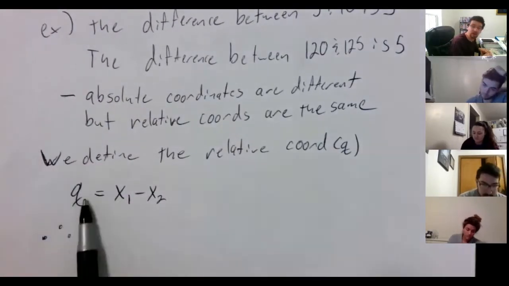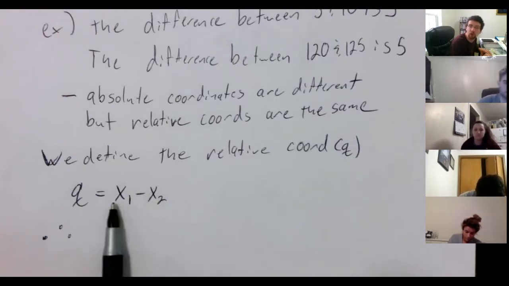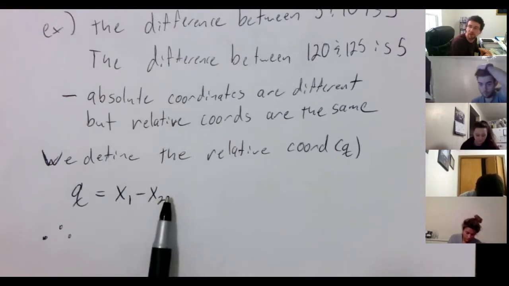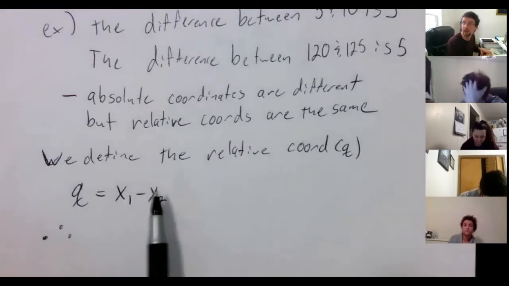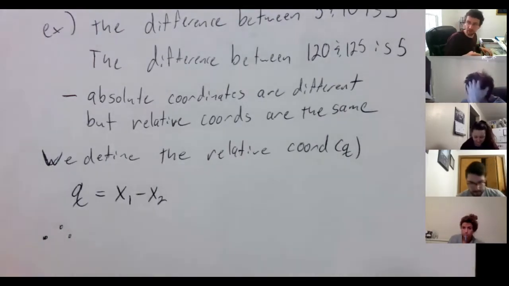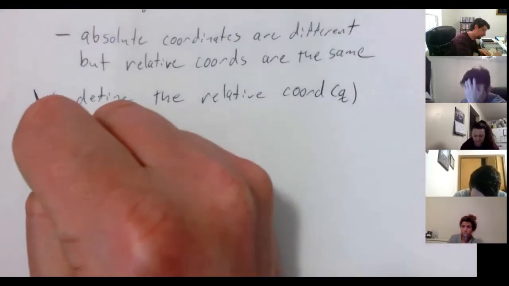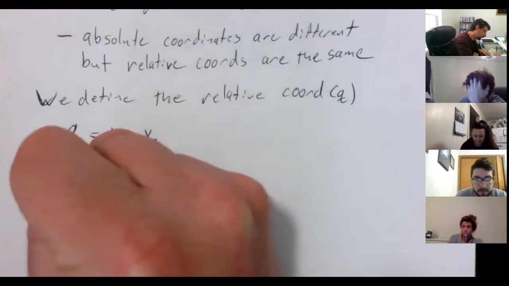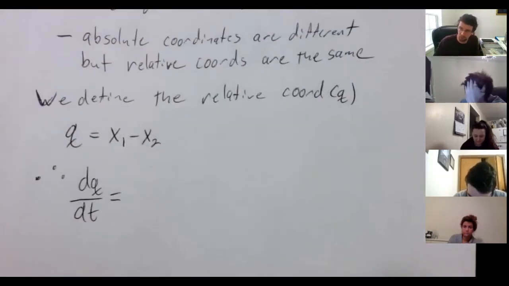So we're going to define Q as the difference between x1 and x2. We know that length 1 should be longer than length 2 based upon the system we set up when we said that the mass of object 1 was larger than the mass of object number 2. Okay, so therefore, what's dq/dt going to be equal to?